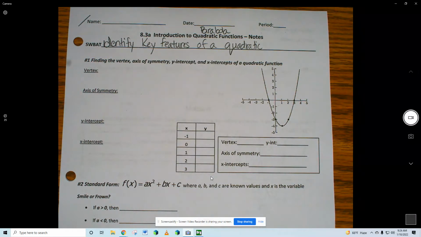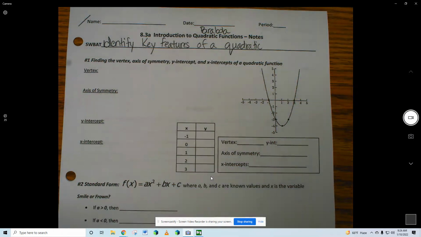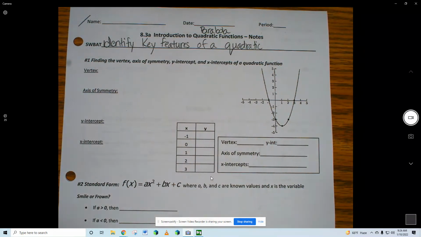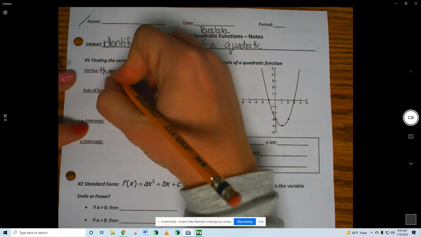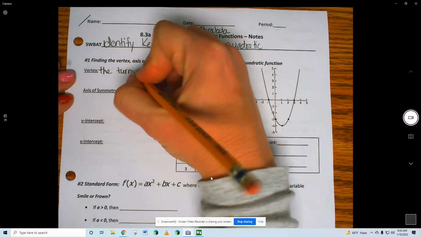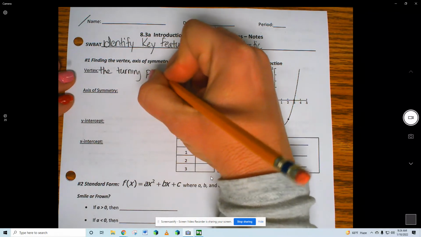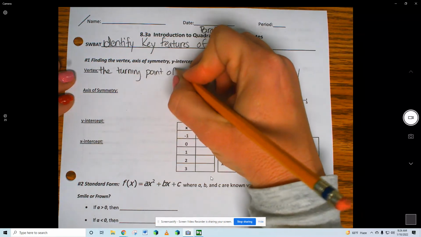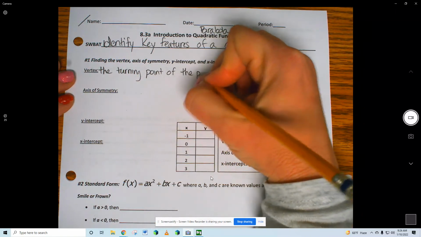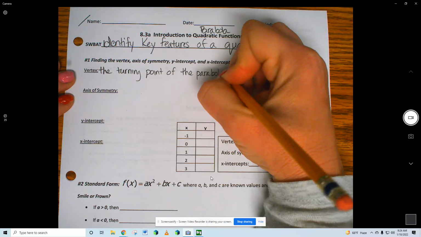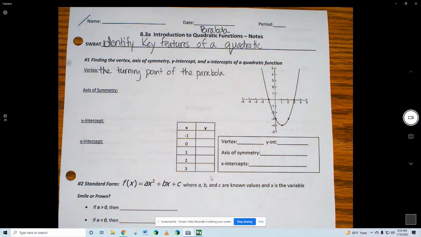Finding the vertex. The vertex is the turning point of the parabola. So it's a turning point of the parabola.